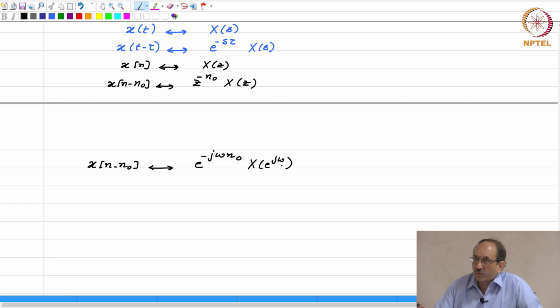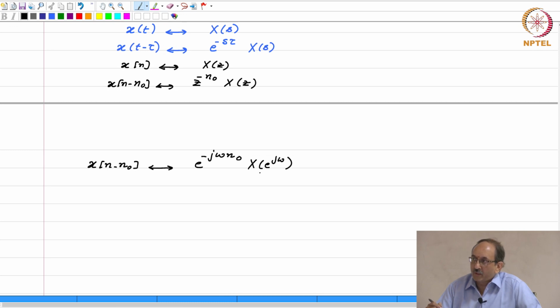So really you need 4 dimensions to plot it, so we cannot visualize it. On the other hand, in the DTFT, the independent variable is omega, which is a real valued quantity, and you need to let it vary only from 0 to 2 pi or between minus pi and pi, because this is periodic. Therefore, the DTFT is a complex function of a real variable.